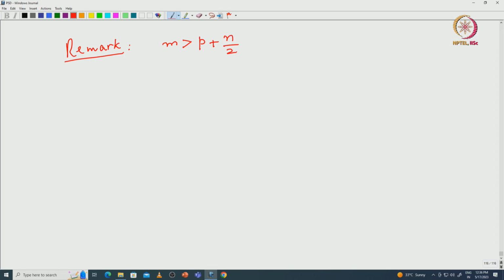So, there is still some gap, that is what I want to mention here, m minus p minus n by 2. Okay. So, this is positive and it can go up to 1. If it goes beyond 1, you put that in p. Okay. So, you have more smoothness.